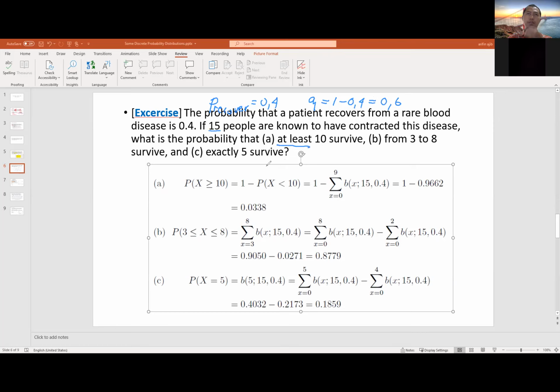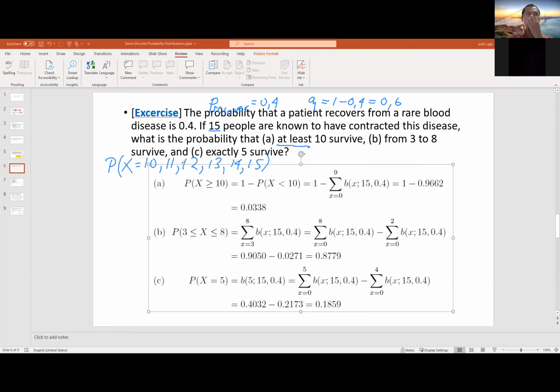It means the probability that X is 10, 11, 12, 13, 14, and 15.